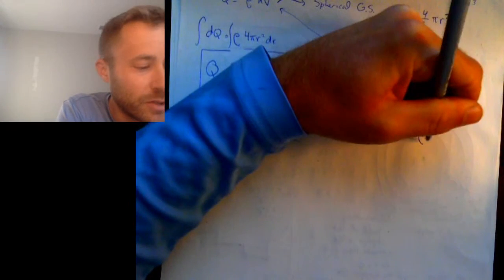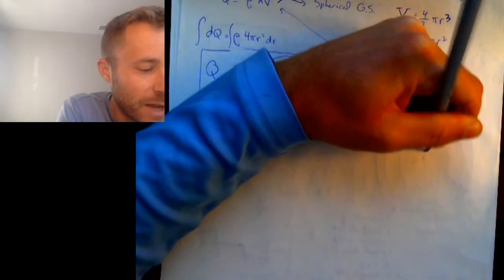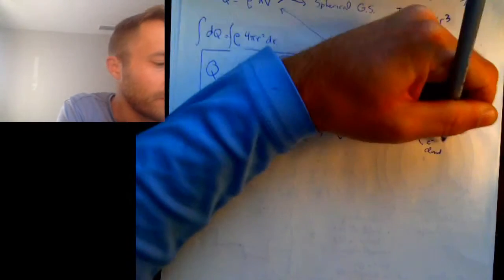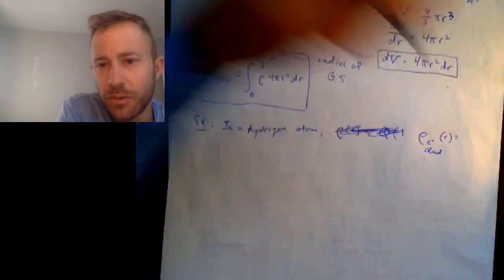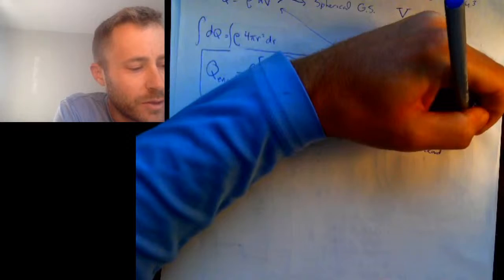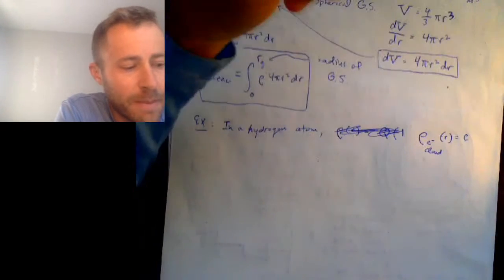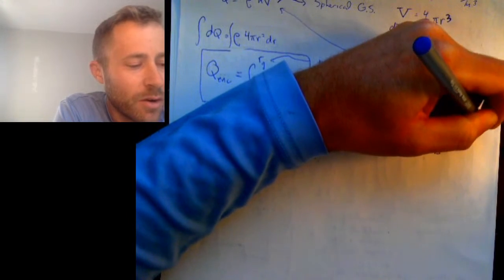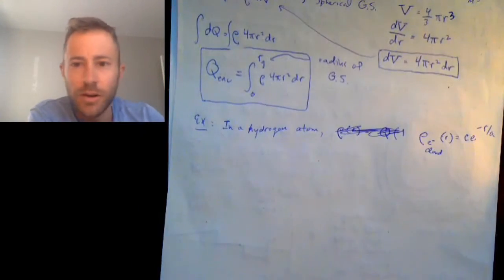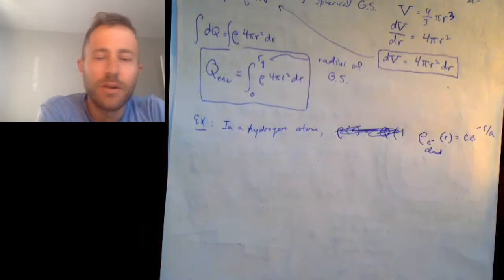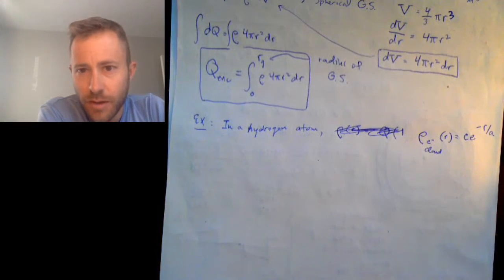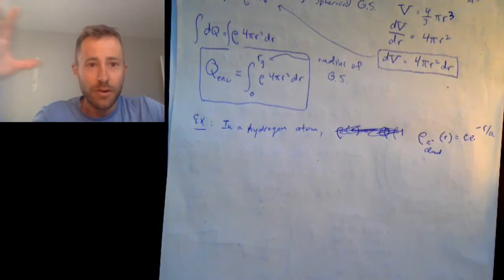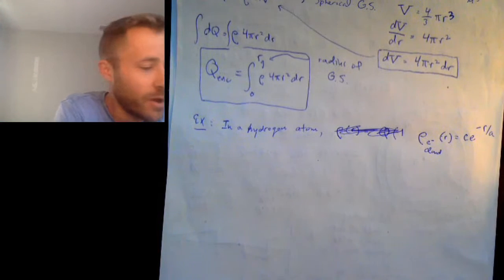So the charge density of the electron cloud as a function of r is equal to some constant c times e to the minus r over a, where c and a are constants that describe the properties of that electron cloud, okay?